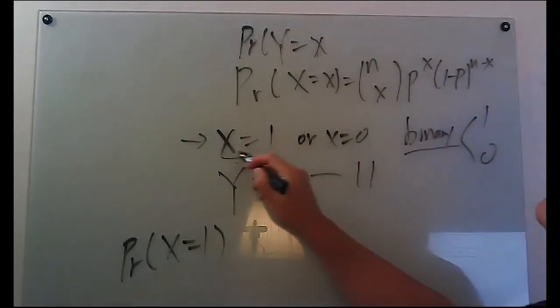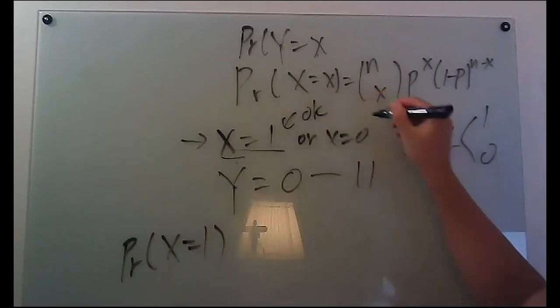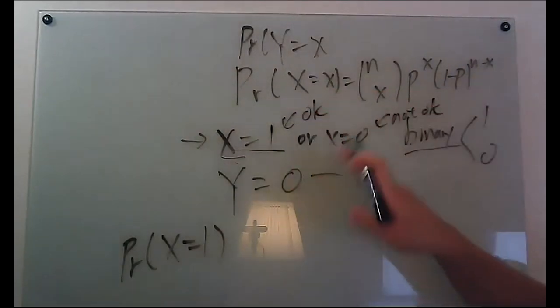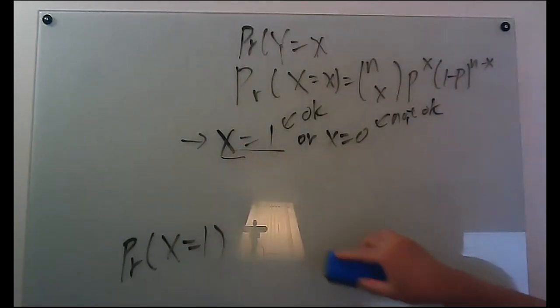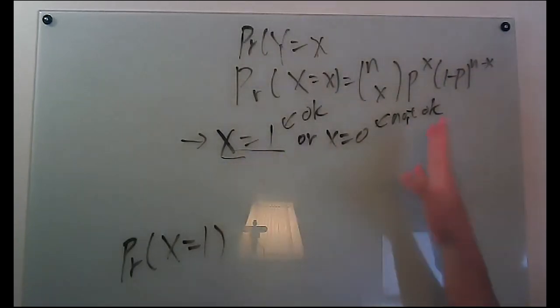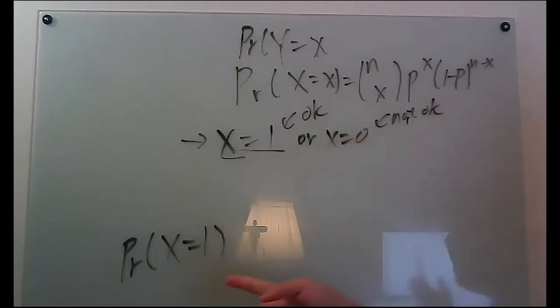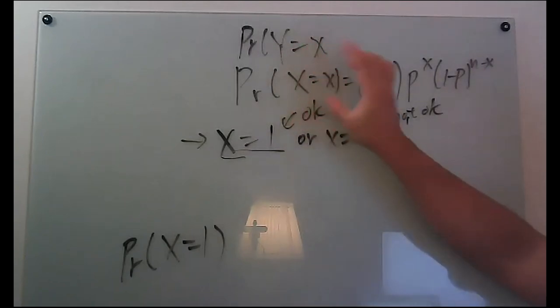I can say X equals 1 if it's working okay and 0 if it's not, or you can change it the other way. Again, sorry about the notation, because in the class slide I use X equals 1 or 0, but here I use X for this Y, which makes it confusing.